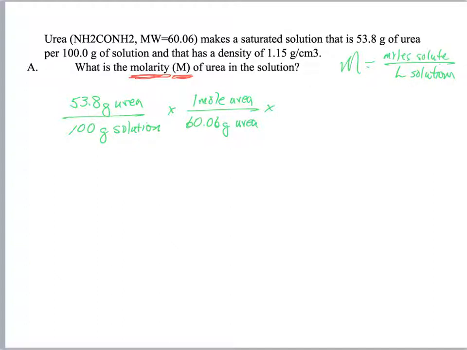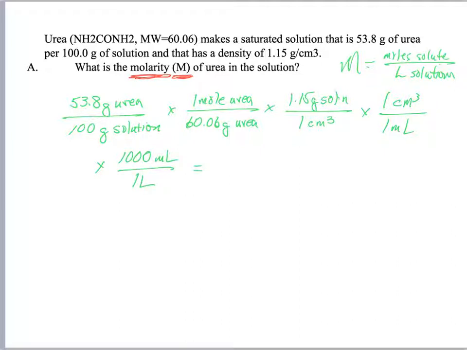So we know that 1.15 grams of solution is 1 cubic centimeter. That's given. And we know that 1 cubic centimeter is 1 milliliter, and that there are 1,000 milliliters in 1 liter.